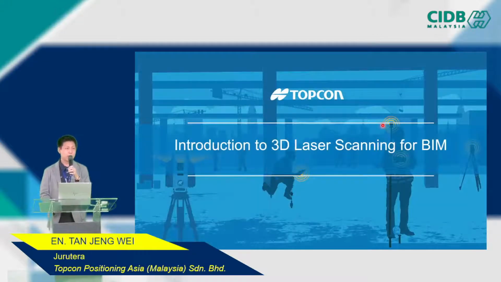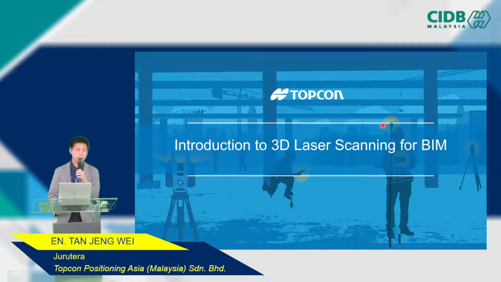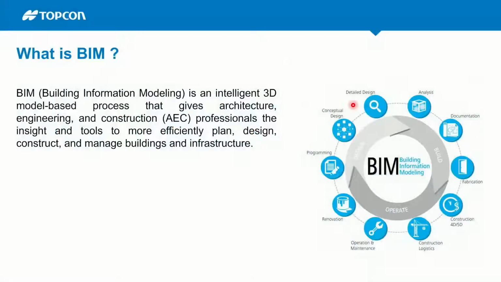So now we come to the introduction of laser scanner for BIM. So what is BIM? In short, BIM is an intelligent 3D model-based process that gives AEC professionals the insight and tools to more efficiently plan, design, construct, and even manage building maintenance.